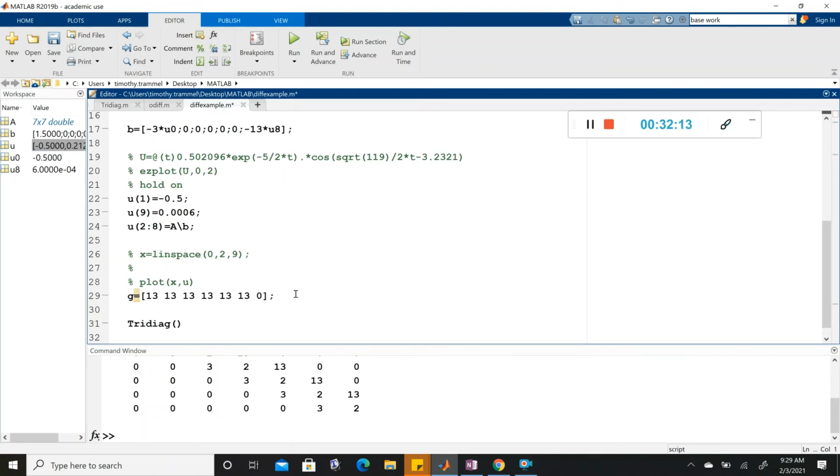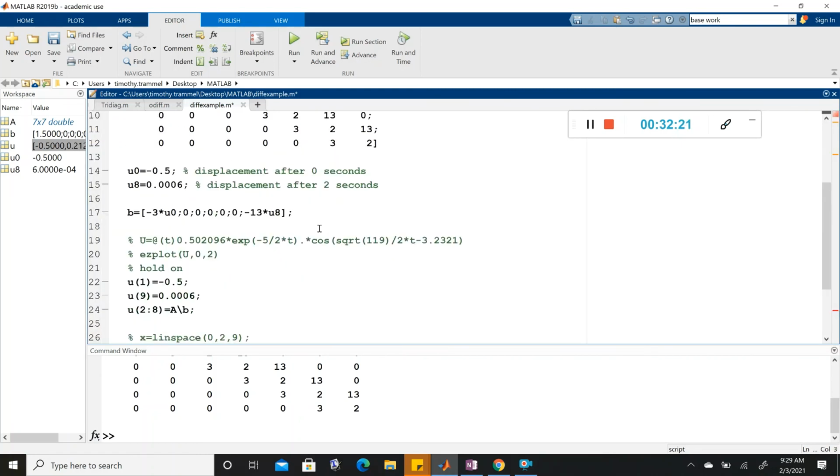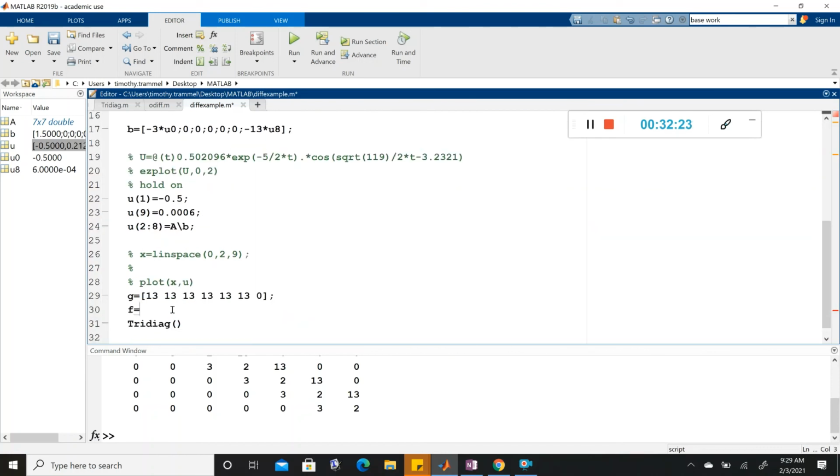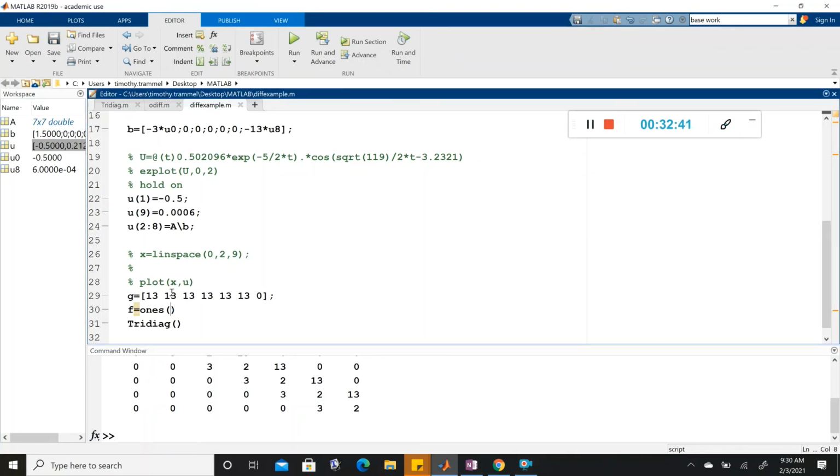Okay. And then we have F, which, since it's not going to have any zeros in it, I'm just going to use the ones command. So ones, and what I'd like to do is create a vector of the same dimensions here. The dimensions of this would be 1 by 7. And I just want to multiply all these 1s by 2 to get my diagonal.